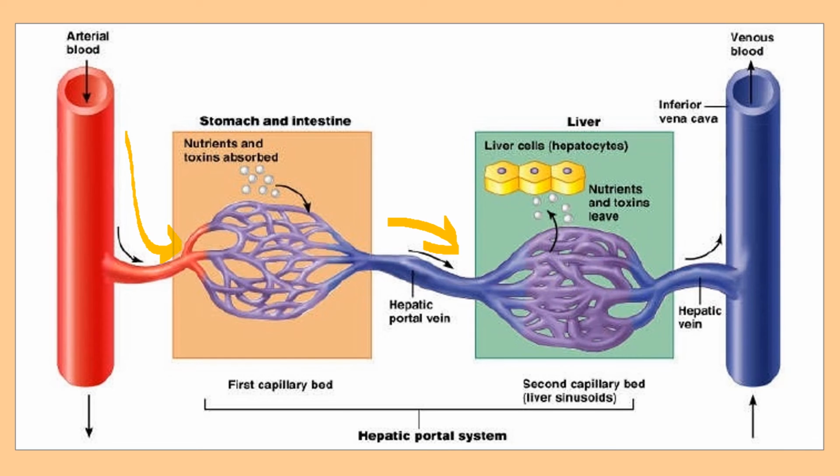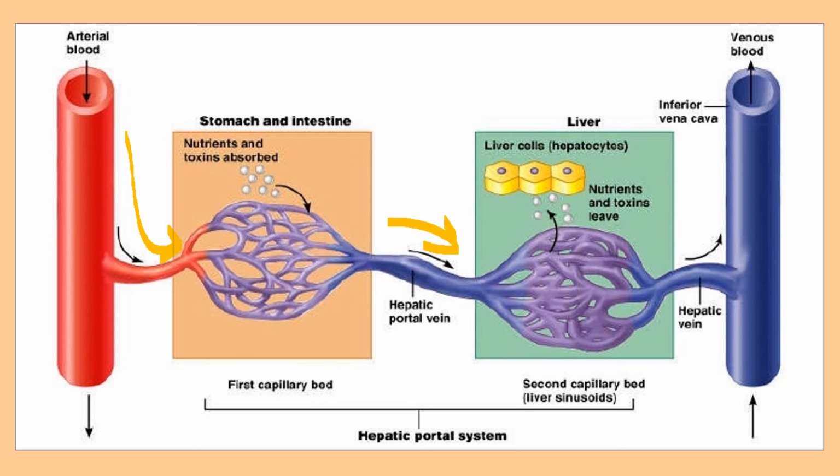And as that blood passes through the liver, 2 things occur. Some of the nutrients get taken up by liver cells because our liver can store certain nutrients. And our liver cells also make a great variety of enzymes that can detoxify potential poisons or toxins that we've taken in. Remember, for most of human evolutionary history, there wasn't agriculture and we were hunter-gatherers. And all organisms make some type of protective chemical.